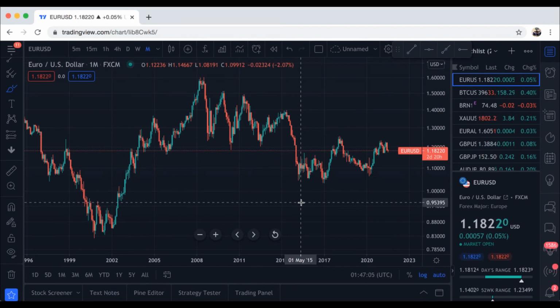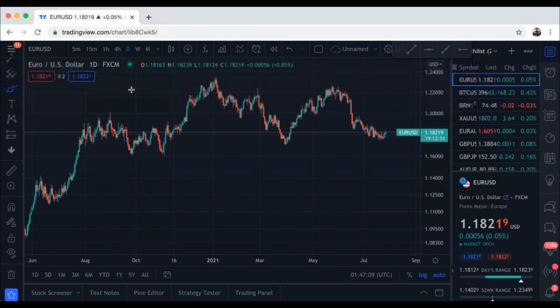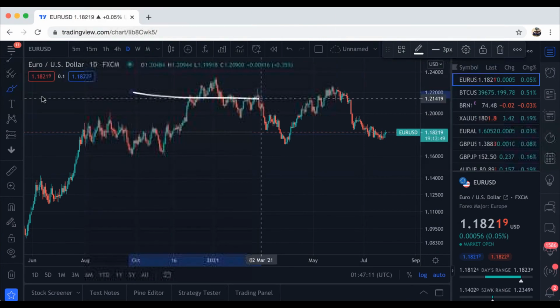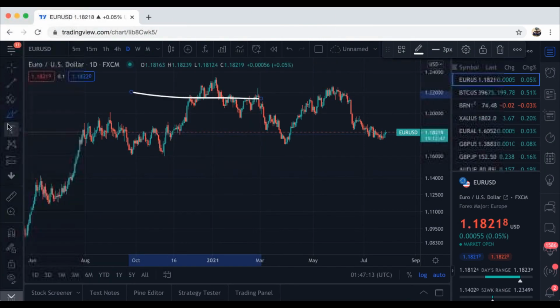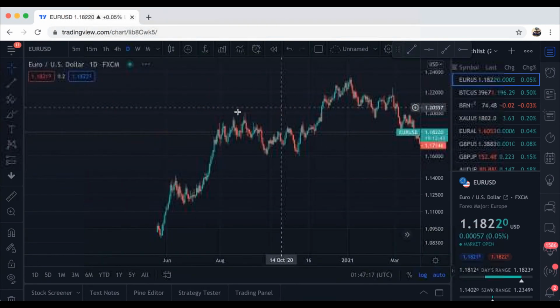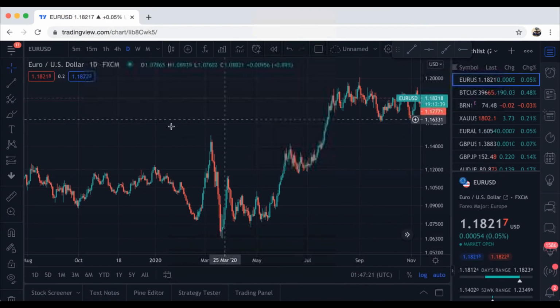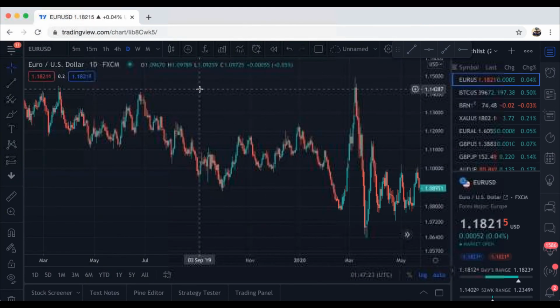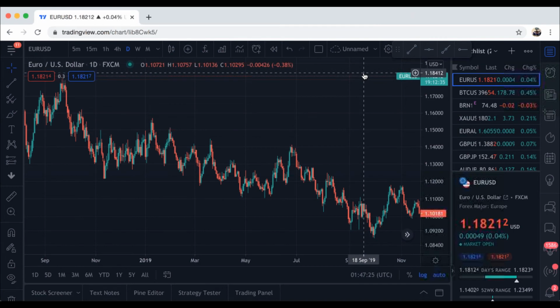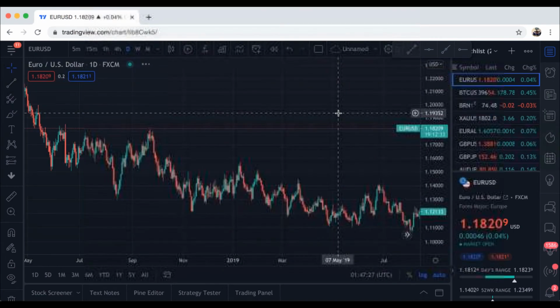It can be that simple. Again, what you're going to be doing in trading is just looking at this market and looking for where the support and the resistance happen. That's all you're going to be looking for.